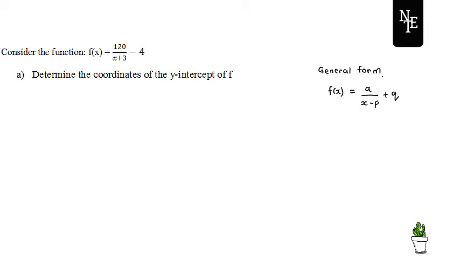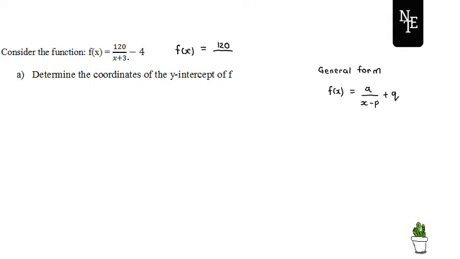Now, if we compare this general form to what we are given, we can see that in order for us to immediately see what the p value is, we can rewrite this as f of x is equals to 120, and we want to make it match this.